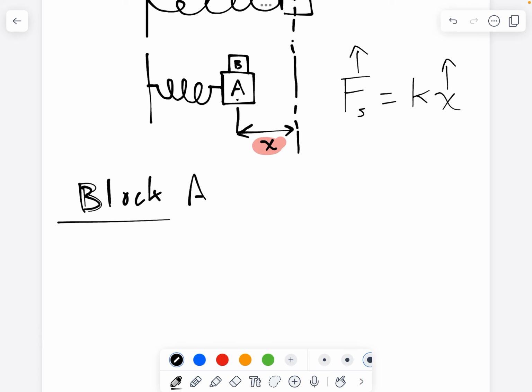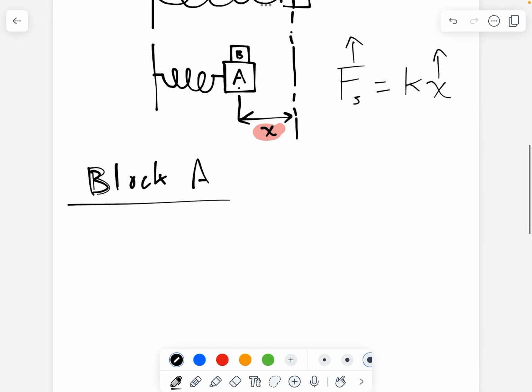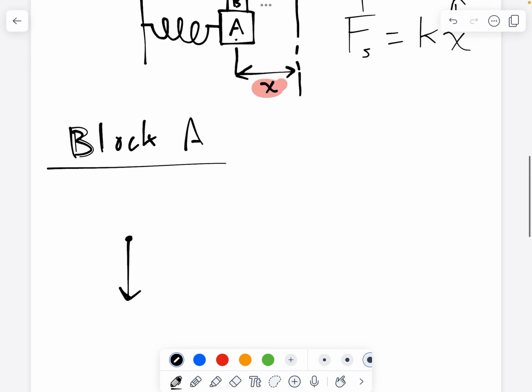If we model block A all by itself, we've got several forces on it. We've got mg from block A. Then we also have the force of block B acting down on it, and then the normal force, the ground pushing back up.